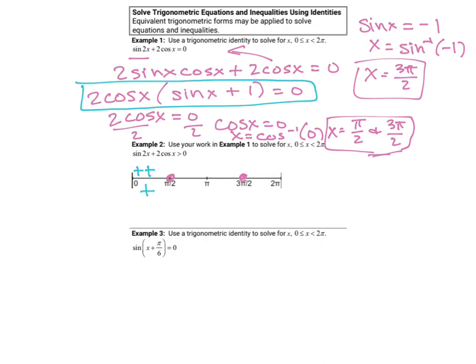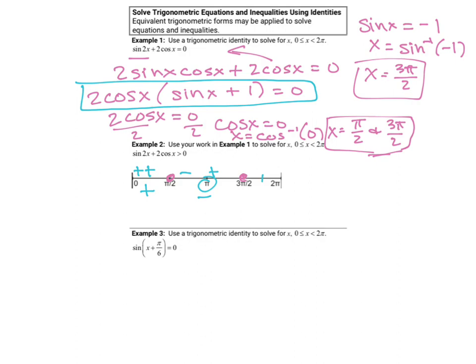I went like a dummy and split this into 2 intervals, and that's unnecessary. You should just plug in pi. Cosine of pi is negative 1. Sine of pi is 0, plus 1, so we're negative there. And then I plugged in 7 pi over 4 on this interval.